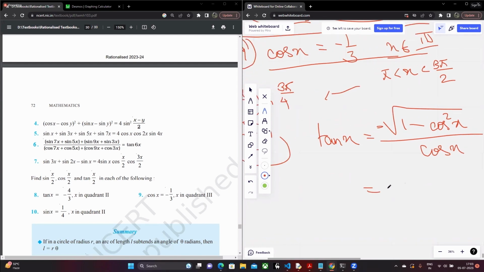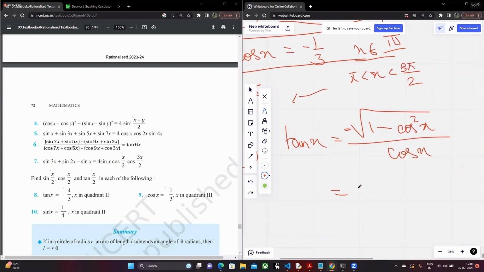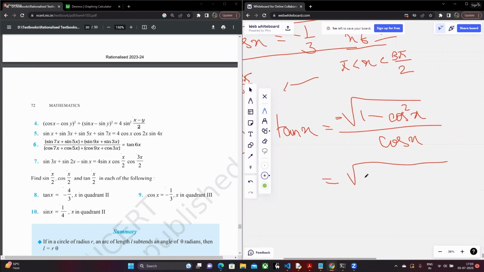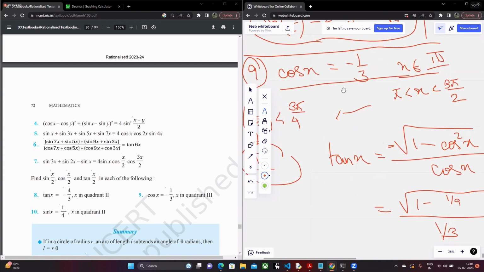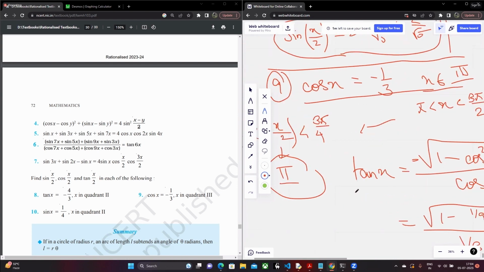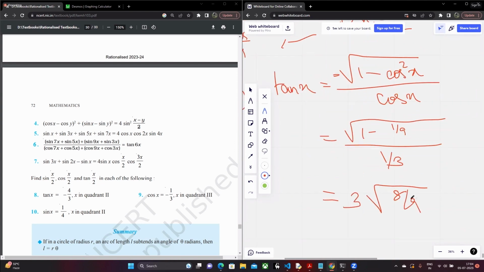This is going to be minus square root, or instead of minus, I just say square root of 1 minus, this is going to be 1 by 9, right? It's going to be 1 by 9 divided by 1 by 3. This minus and the minus of this minus 1 by 3 get cancelled out. Right? So this is going to be equal to 3 root of 8 by 9. This 9 and this 3 get cancelled out.